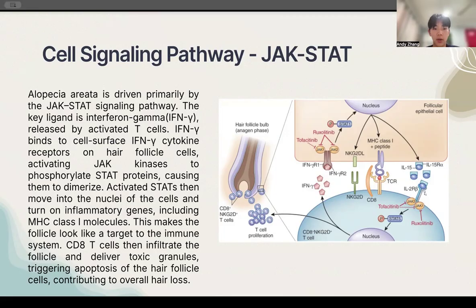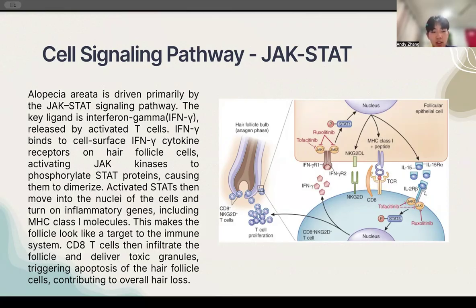So interferon gamma will bind to cell surface interferon gamma cytokine receptors on hair follicle cells, which will activate JAK kinases to phosphorylate STAT proteins, causing them to dimerize. These activated STATs will then move into the nuclei of these cells and turn on inflammatory genes, which will express MHC class 1 molecules, which will make the follicle look like a target to the immune system.